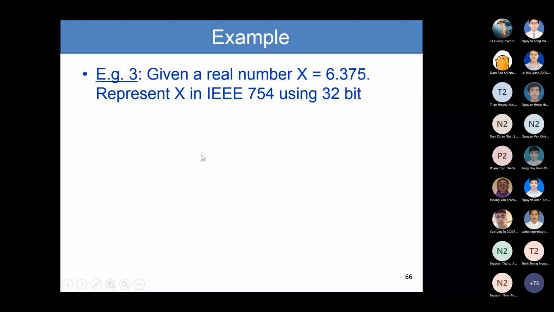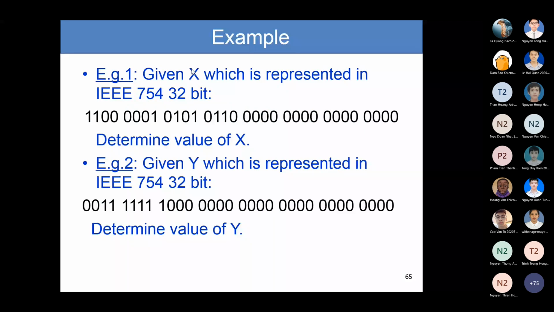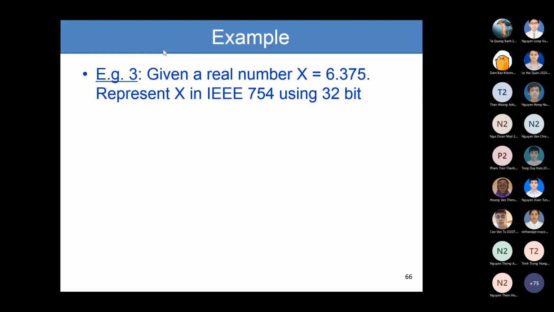And in the third example, given a real number x equal to 6.375, how can we represent x using the IEEE format? In examples 1 and 2, we gave the representation and found the value. But in example 3, we are given the value and we find the representation.